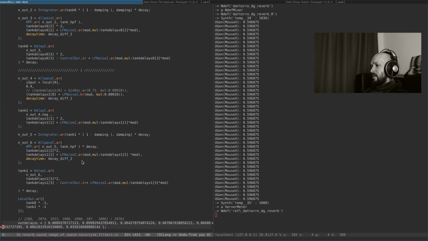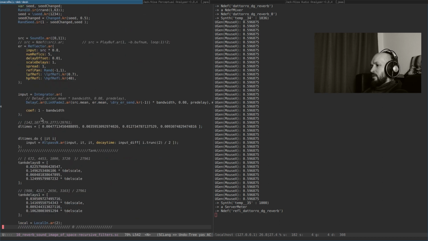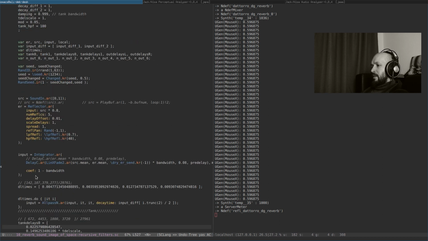The input to the reverberator goes as the mix between direct sound and early reflections, so I can balance between them. For that I use this LinXFade2 unit generator, a very convenient one.